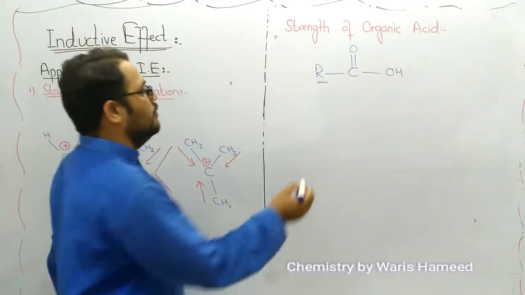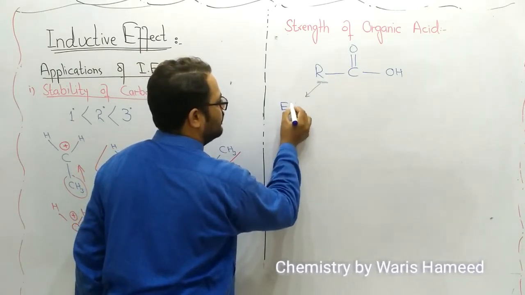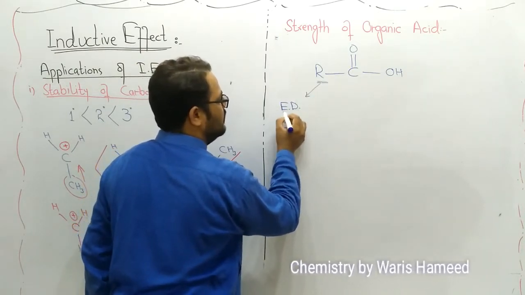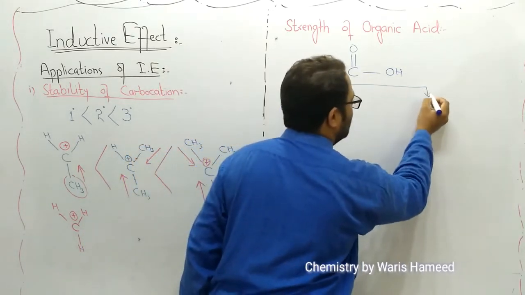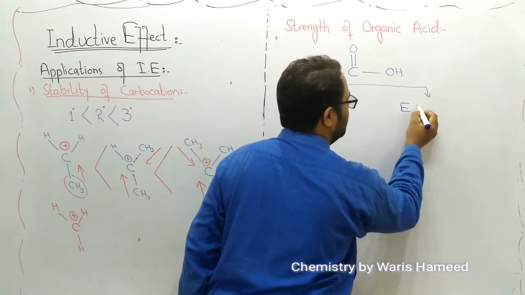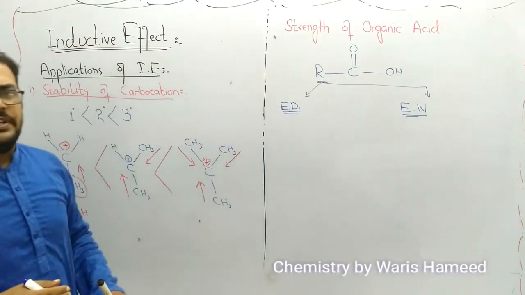If the alkyl group has an electron donating group, or if this group has an electron withdrawing group, there are two possibilities.